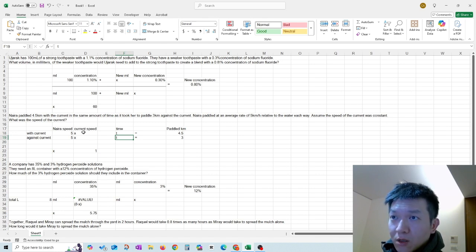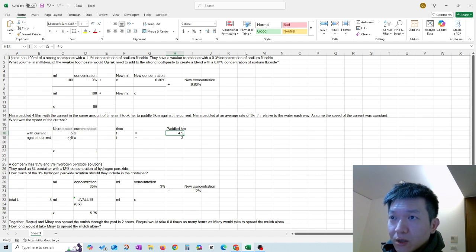Okay. So Naira with the speed of current will be 5 times what? 5 plus x times the time equals the kilometers which she has paddled, right? Which is 4.5 kilometers.